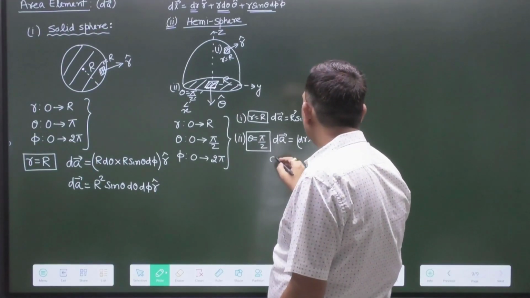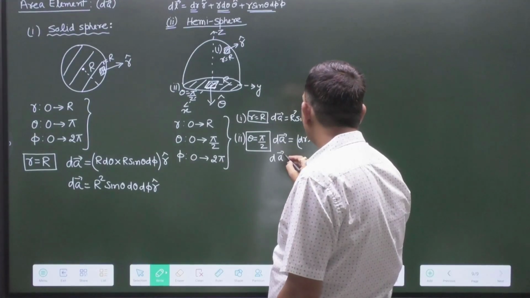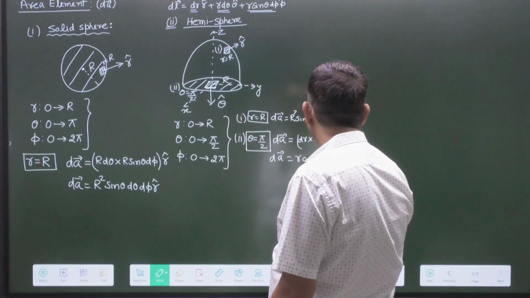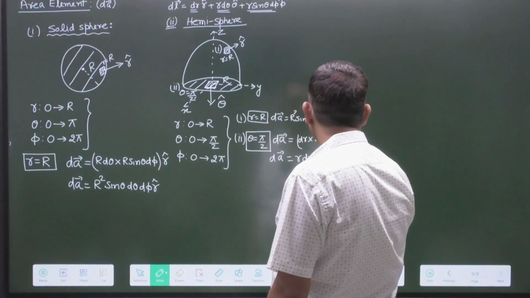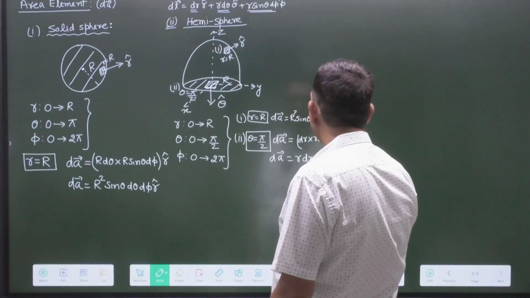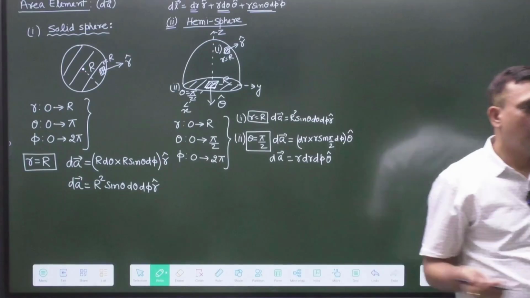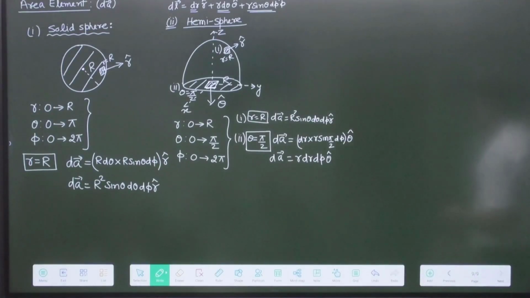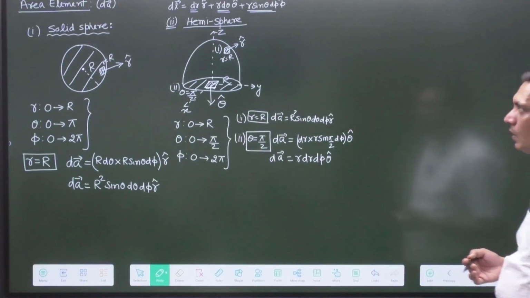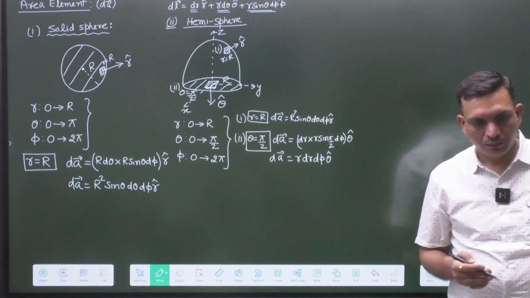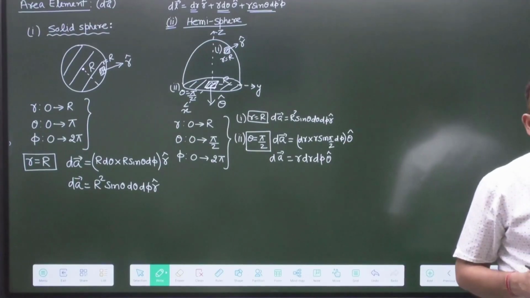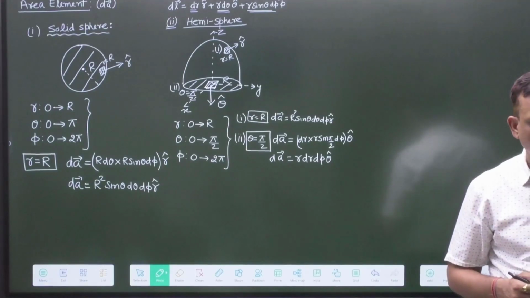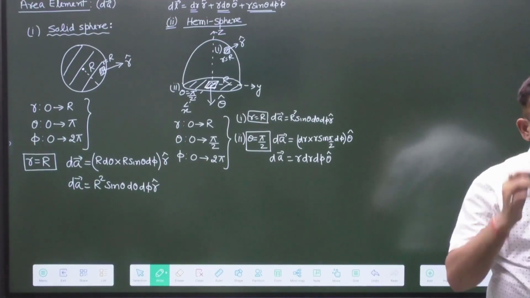So dA is given by r dr d phi. So this is dA on the XY plane.